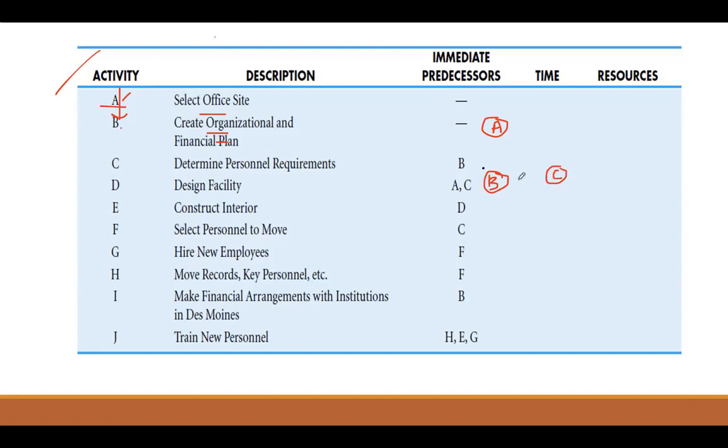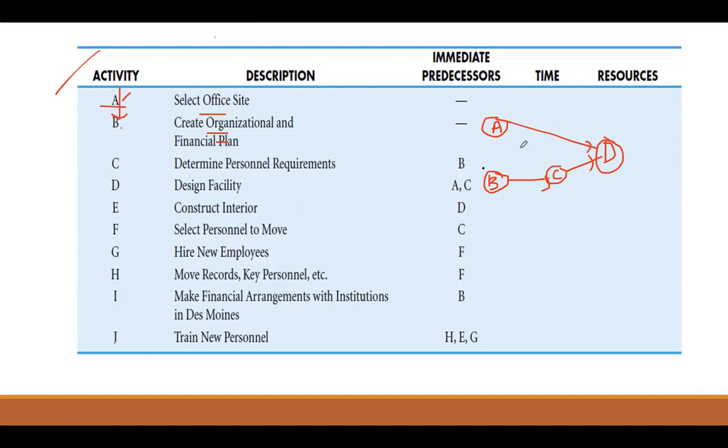So here activities are represented on nodes, right? So there will be no issue. And then we talk about D. See, when you check the predecessor activities of D, they are both A and C. So what you can do is draw a node, and in this node, you will draw like this. What does this indicate? Activity D can start after A and C are both completed, right?